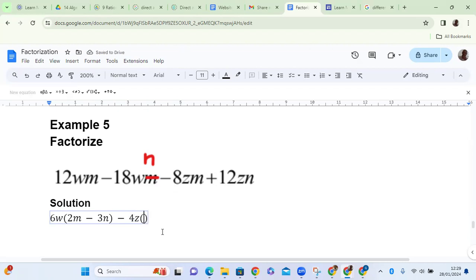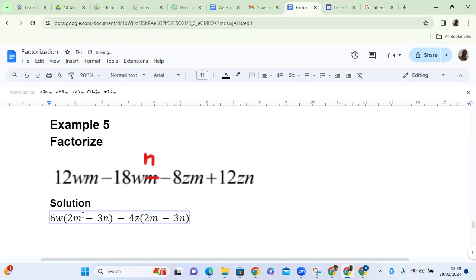To find what's inside the bracket, we divide by negative 4Z. A negative 4 divided into a negative 8 is a positive 2. The Z's cancel out to give us M. Positive 12 divided by a negative 4: a positive divided by a negative is a negative, that will give us negative 3. The Z cancels out and we are left with N.